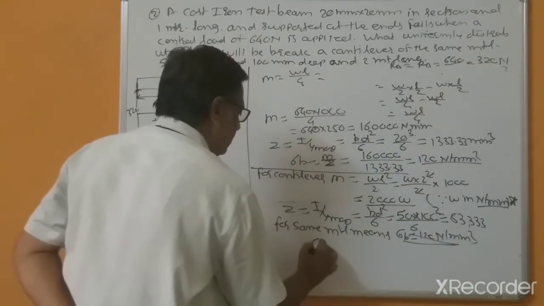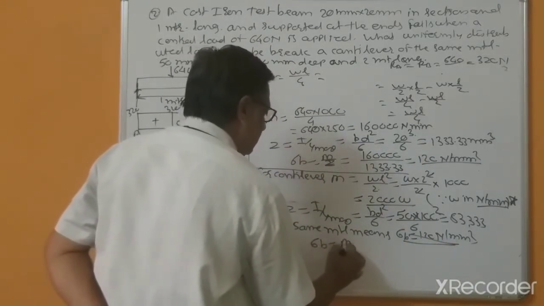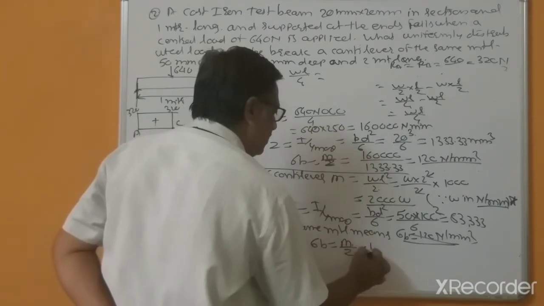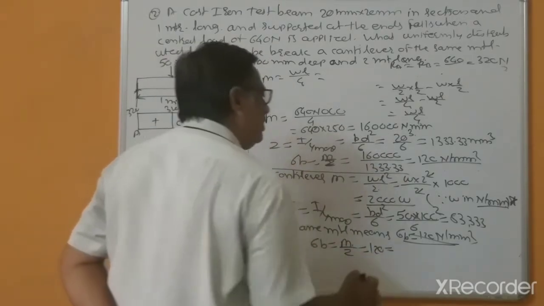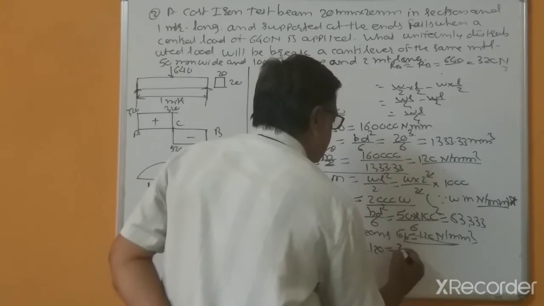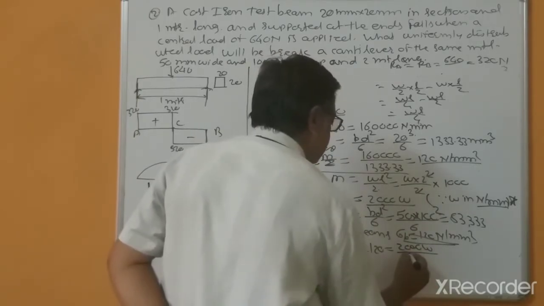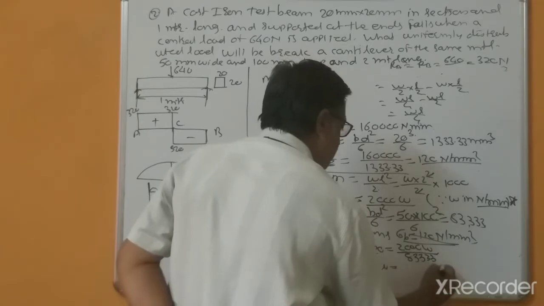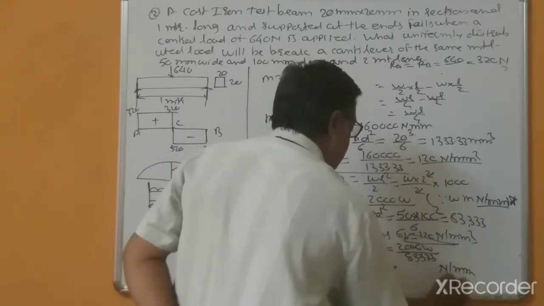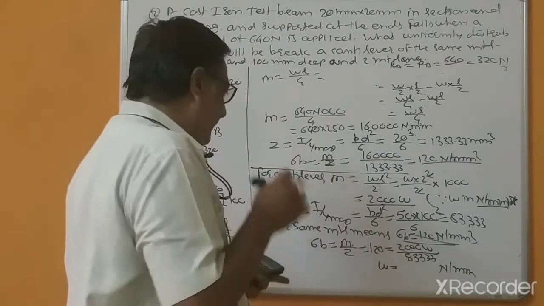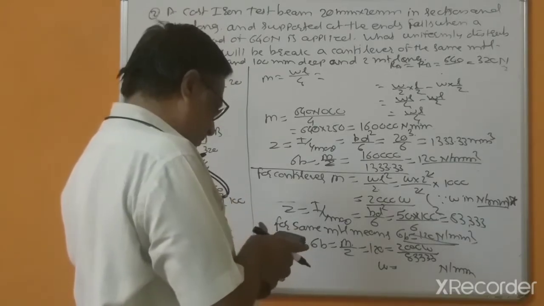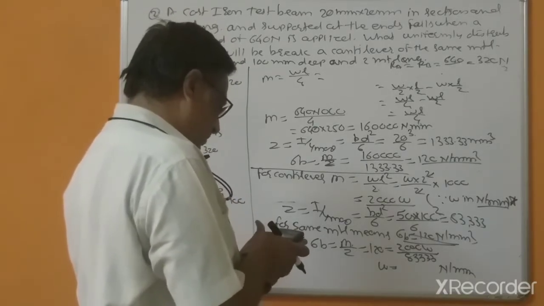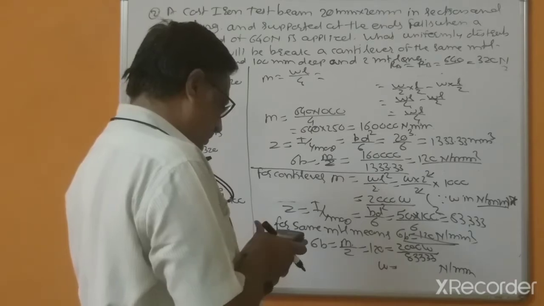So that's why sigma B equal to M divided by Z equal to 120 into 83333 equal to 2000 W divided by Z. W equal to, this is in Newton per mm, multiplied by 120 divided by 2000.